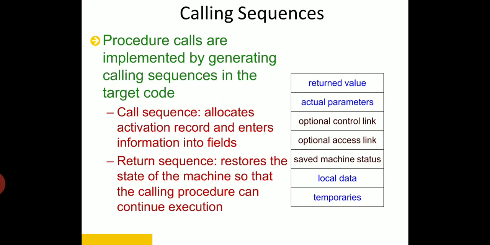During the return time also, something will be performed over the activation record, which we are going to examine. The call sequence allocates the activation record and enters information into the fields. In the case of the return sequence, it will restore the state of the machine so that the calling procedure can continue execution. That is the major thing happening.